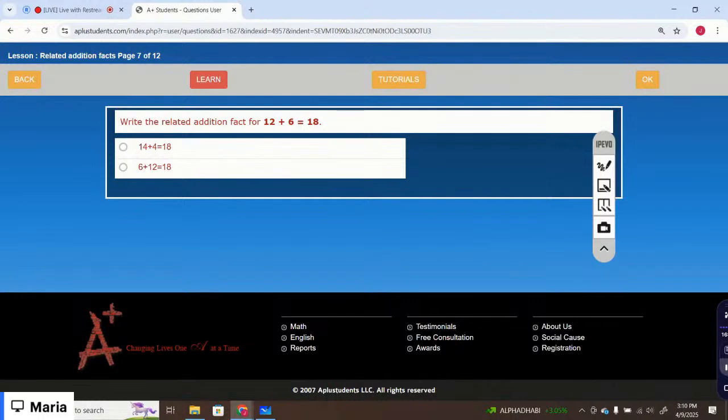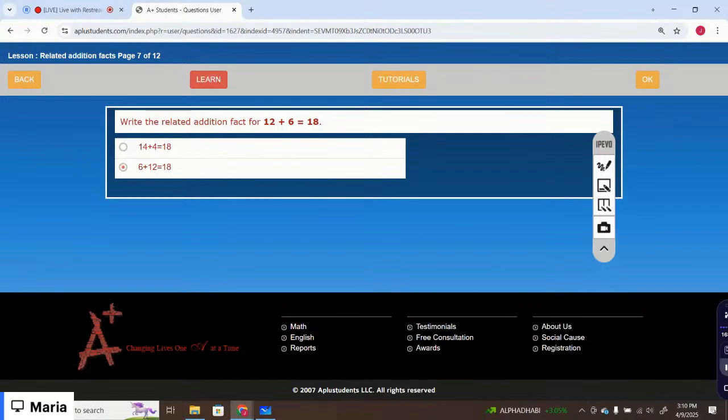Write the related addition fact for 12 plus 6 equals 18. That is 6 plus 12 equals 18. Option number 2 is the correct option.